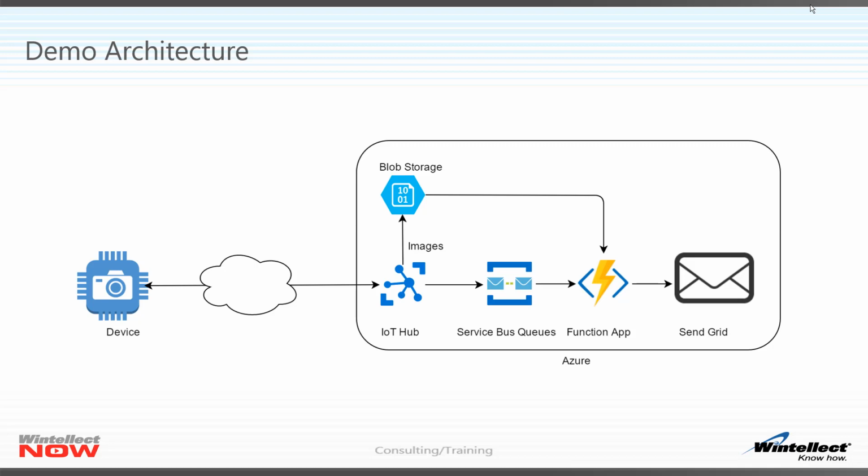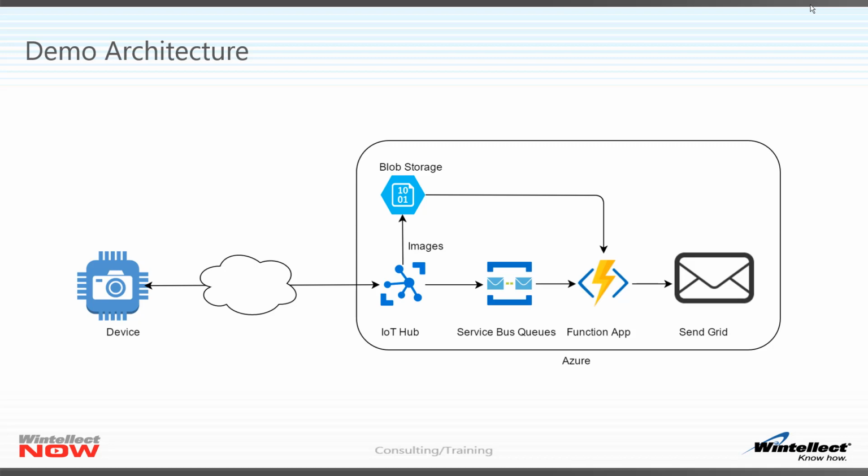The service bus caused a trigger to fire, which then fired the function, which took all the images from the blob storage, built an HTML message, and sent that message by way of email, and that's what we pulled up in Outlook. And then you saw the images there that were captured.